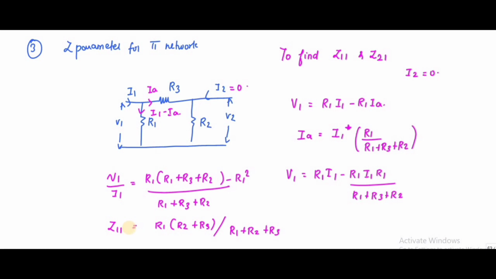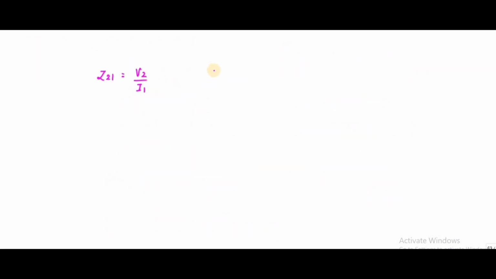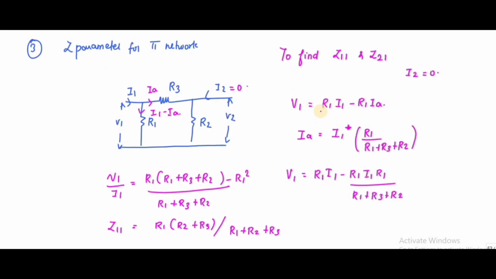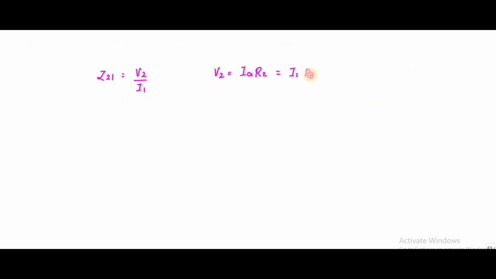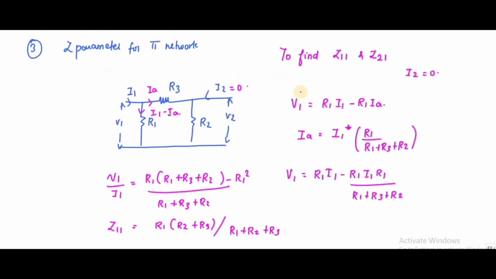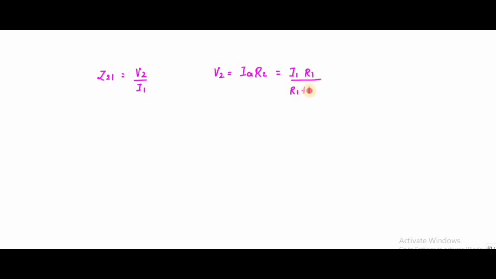So next, to find the value of Z21. What is Z21? Z21 is nothing but V2 by I1 for I2 is equal to 0. What is V2? V2 is equal to IA into R2, and you need to substitute the value of IA.